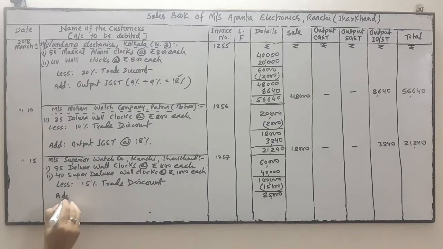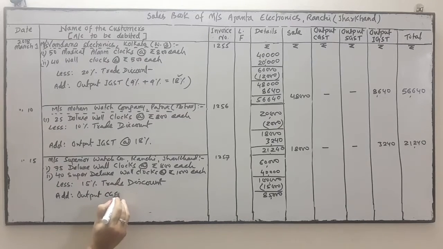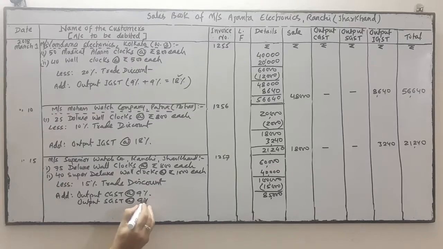Now we will add output CGST at the rate of 9% and output SGST at the rate of 9%.